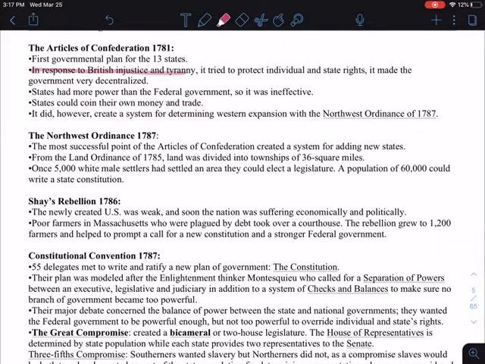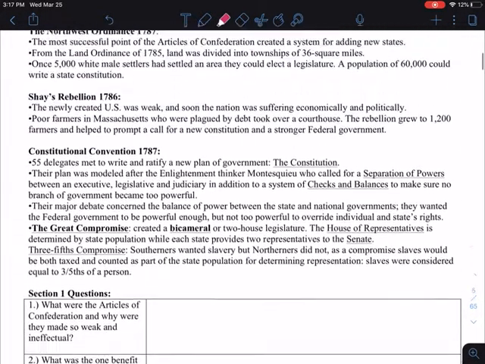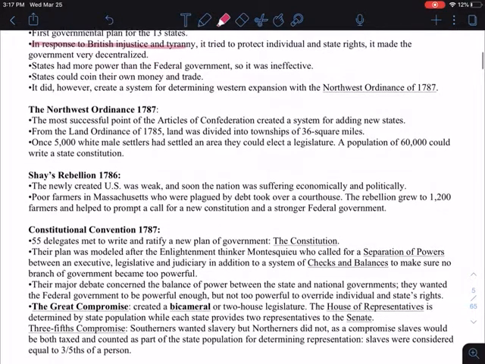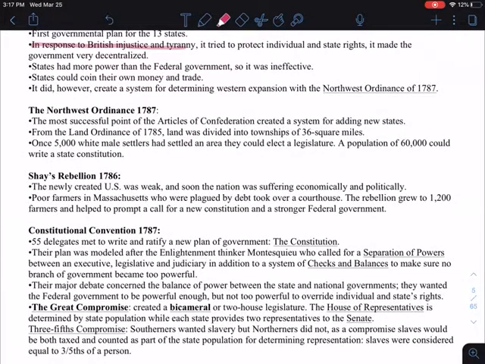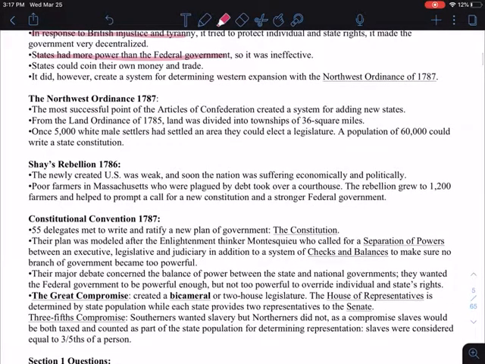It's suppressing the people's rights, and that's something that, as we created our own country, we didn't want to deal with anymore. And it's not that we didn't want a government at all. It's just that we wanted the states to have more power than the federal government, and that's what made it so ineffective. It also was weak because they couldn't coin their own money.